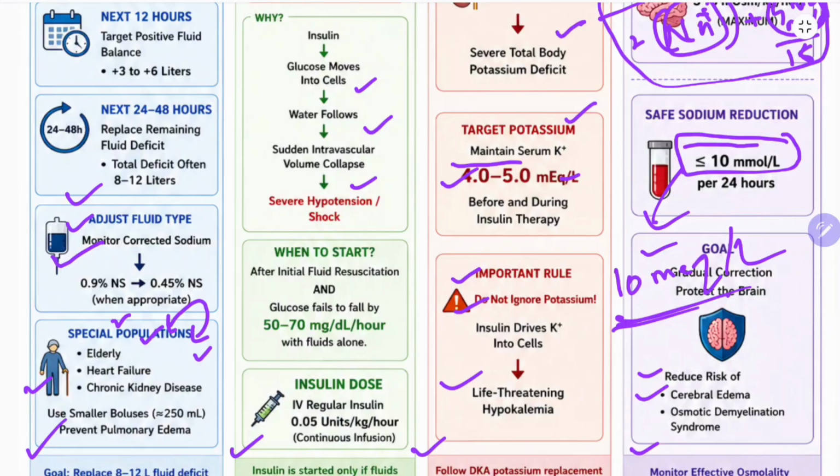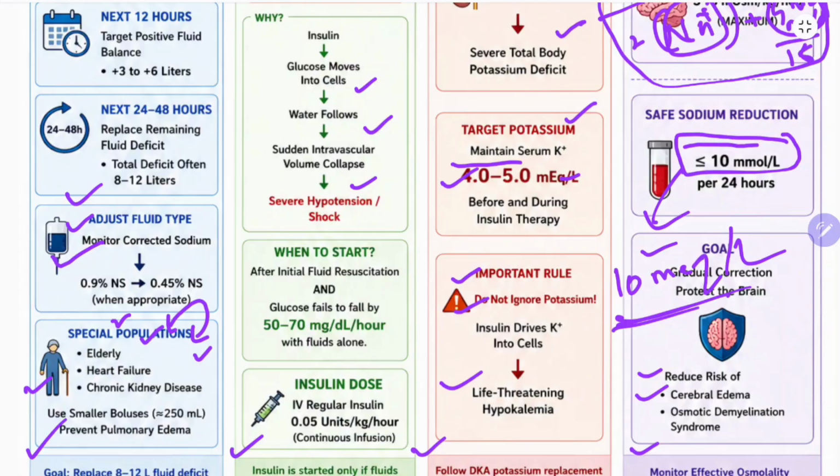Very important. So insulin has a lesser role to play in hyperosmolar hyperglycemic state than fluids, sodium and potassium. Sodium has a very high role because if you are decreasing the sodium levels very fast, that can lead to osmotic demyelination syndrome.